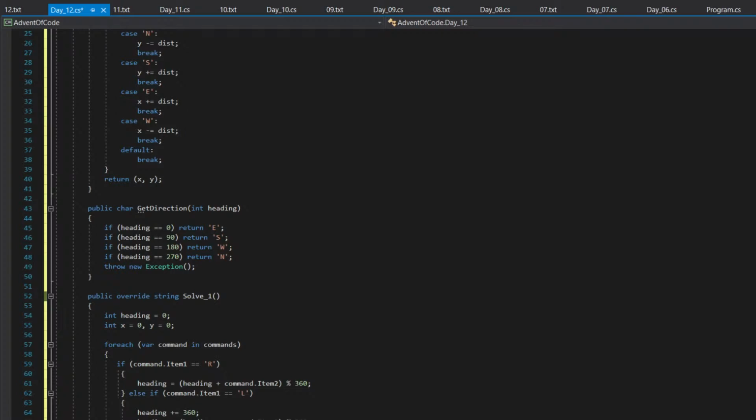Cannot convert type. How about like this? Is that how you do it? Yes, that's how we do it. Else move. Whoops. We're going to move, instead of in heading, we're going to move whatever item 1 says, which is that direction.